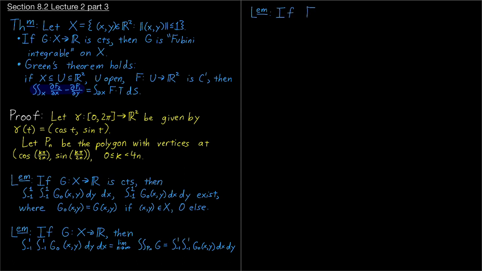If f going from some open neighborhood of x to R2, a vector valued function, is continuously differentiable, all its derivative is, in fact, I believe all you need is continuous. You need continuously differentiable in Green's theorem because you want this quantity to exist, but to deal with the right-hand side, you only need f to be continuous.